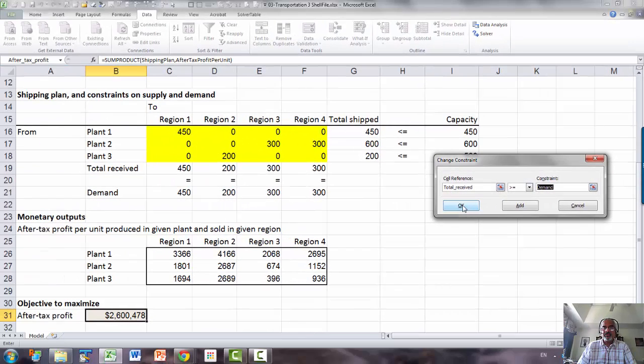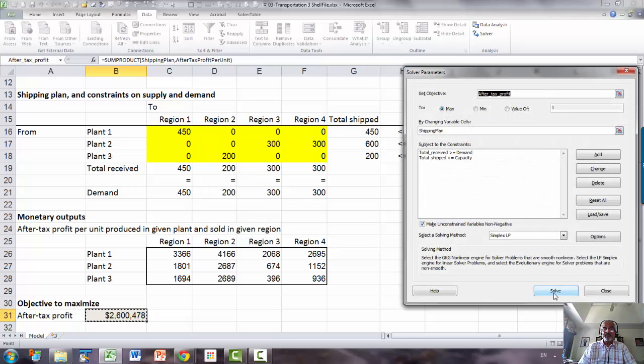So if these demands are only the minimum values and we will be able to sell additional shipment, then we can change this constraint into a greater than or equal to constraint.